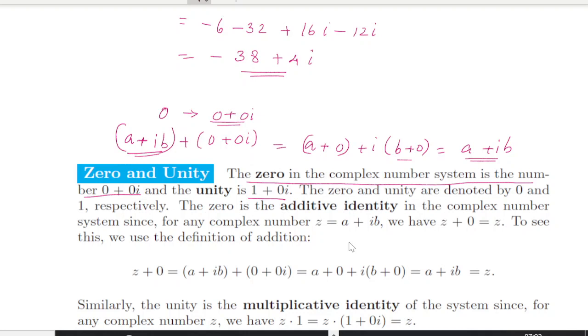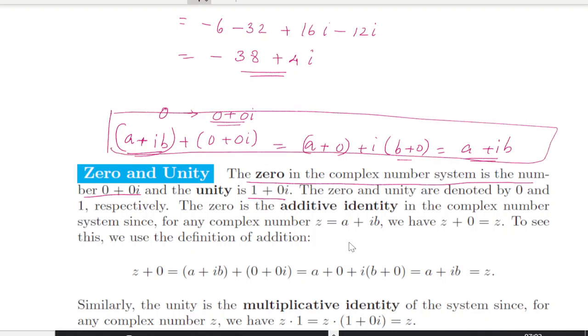And when we write 0, it is nothing but 0 plus 0i. Now when you add this 0 to any complex number, it results in the same complex number. So we will say that 0 is the additive identity in the complex number system.